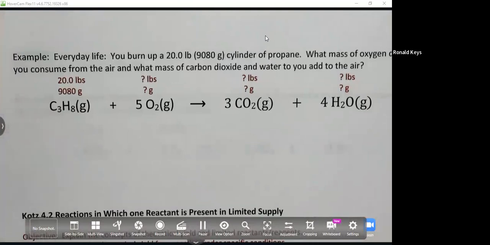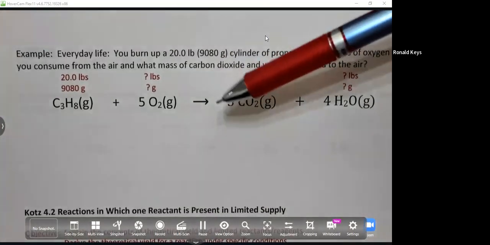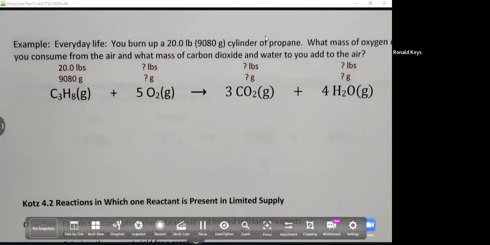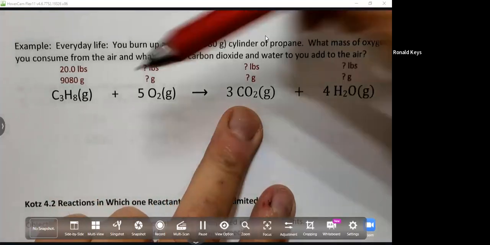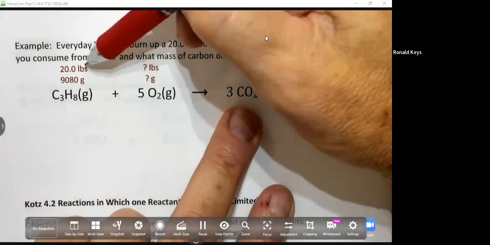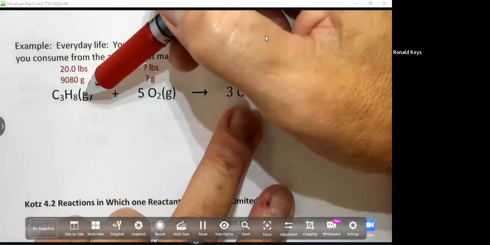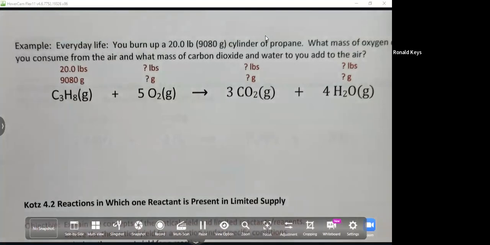So this will kind of give you an idea of, is there climate change? What is the possibility of climate change? It's CO2. And these numbers here do not lie. So we're going to start with a 20-pound cylinder of propane. You know what a 20-pound white barbecue cylinder looks like. Everybody in here knows what that looks like.